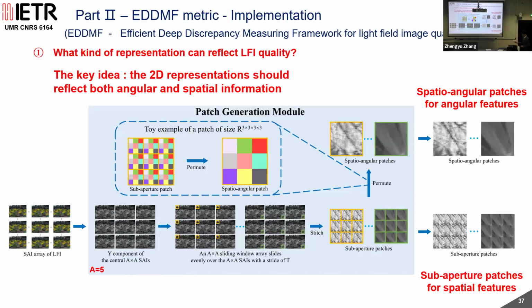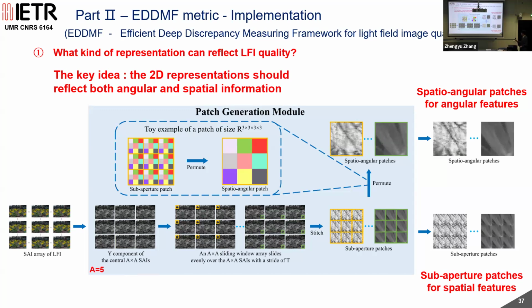And here A is set to 5 in our metric, and then we define A by A sliding windows to slide over the light field image and directly take the small patches as the sub-aperture patch.